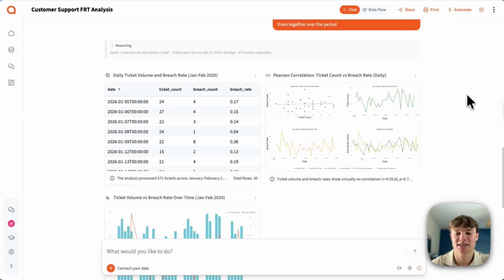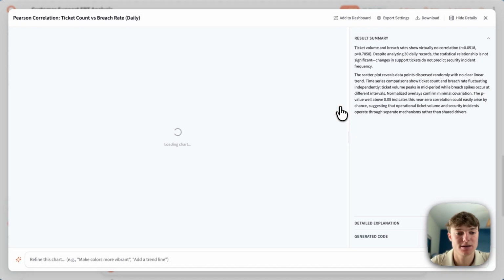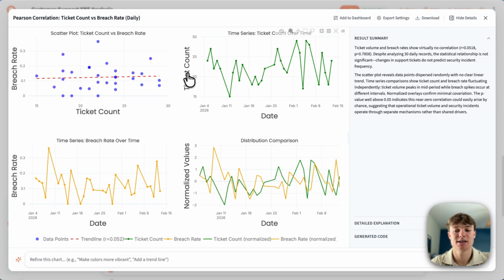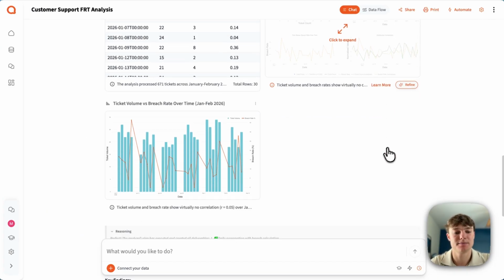So now that Query has done that for us, we can click in, and right here we can see our breach rate. Ticket counts doesn't really look like much for correlation here. Ticket count over time, if we compare the distributions, sometimes they look sort of correlated like right here, but they don't really necessarily look all too correlated.